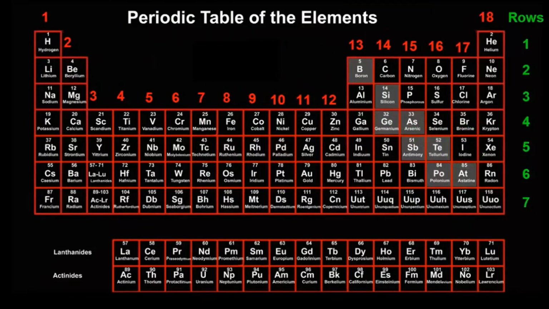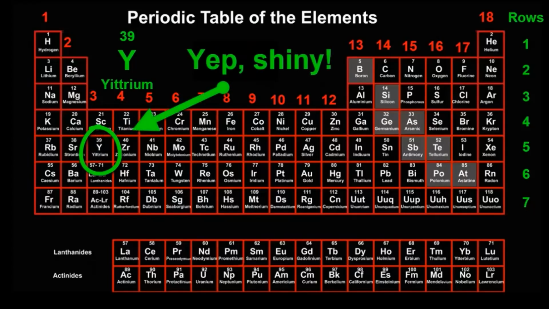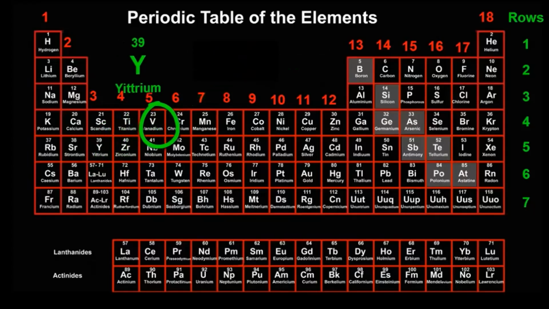Let's try something trickier. Do you reckon yttrium, atomic number 39, would be shiny? It's to the left of the diagonal line, so it's a metal. So it's probably shiny. Would phosphorus, atomic number 15, conduct electricity?